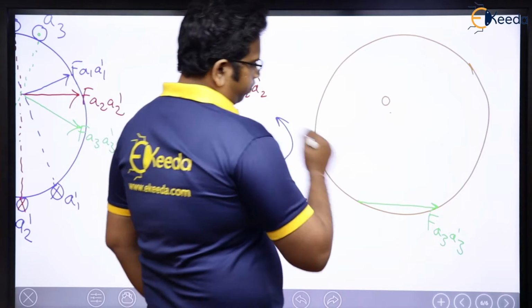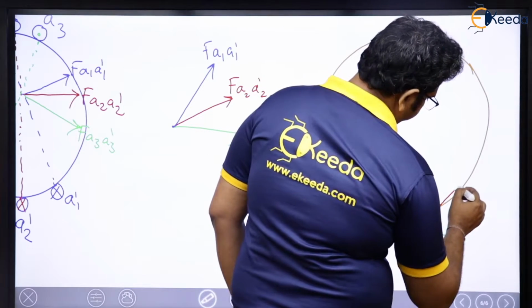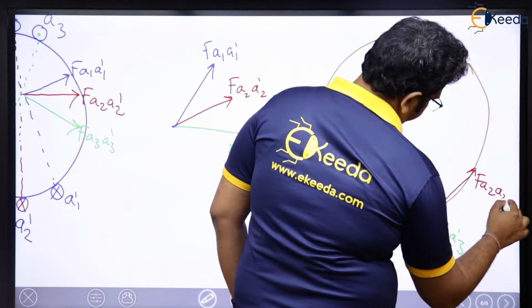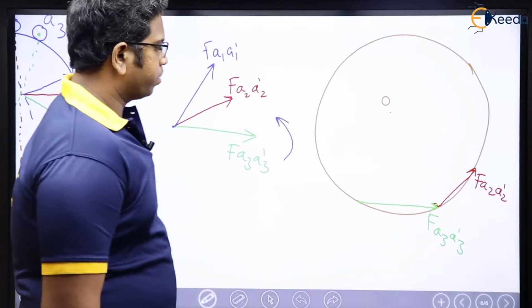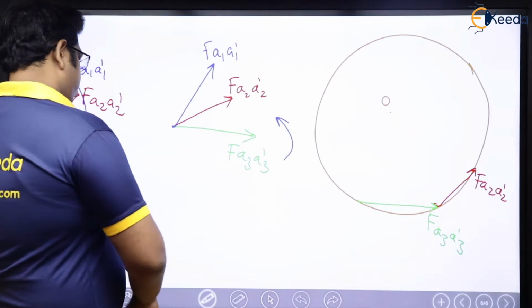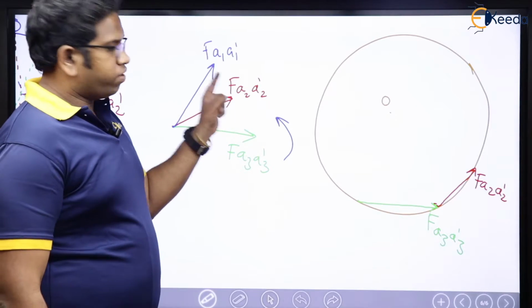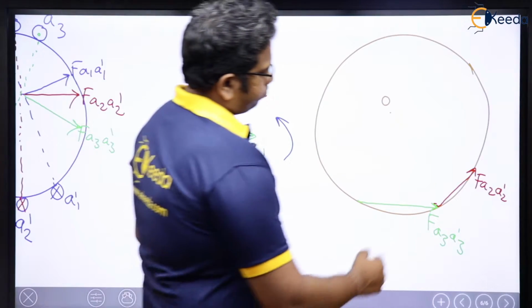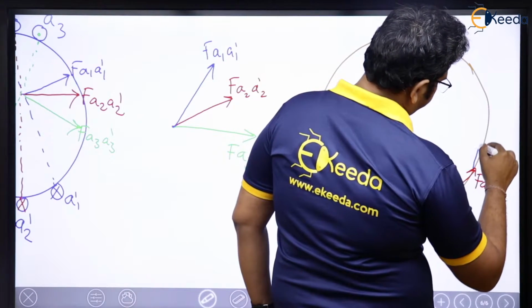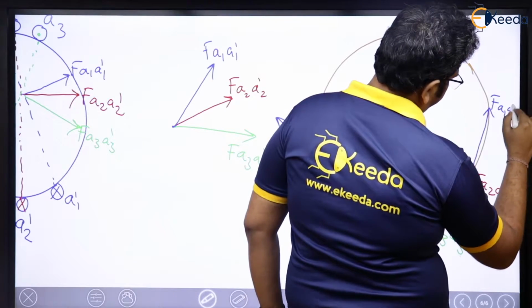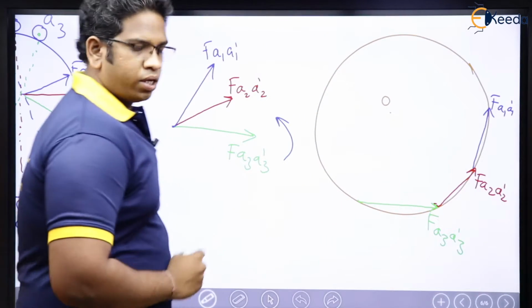So let me show F A2 A2 dash here. Right. Now this F A1 A1 dash is also again more. So this is going to be F A1 A1 dash, right?